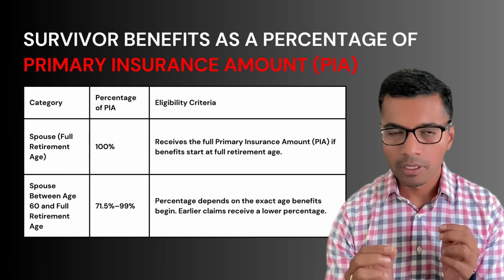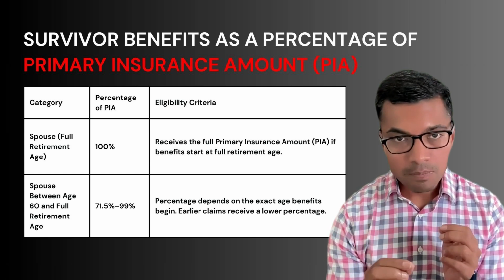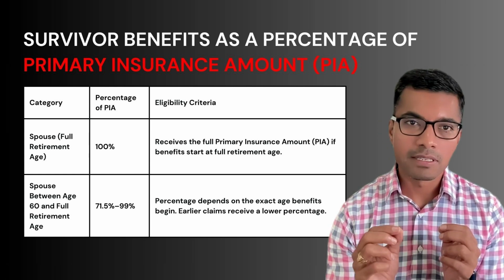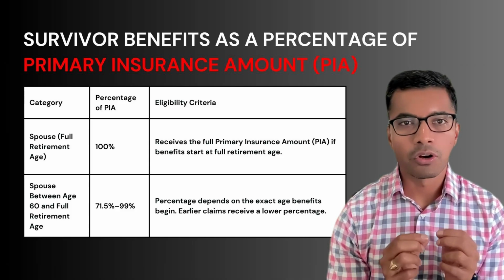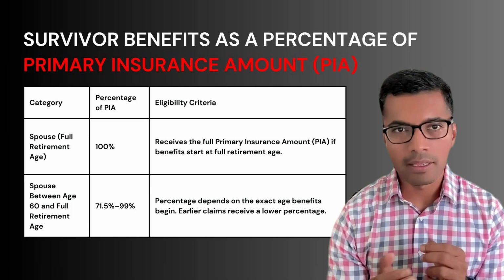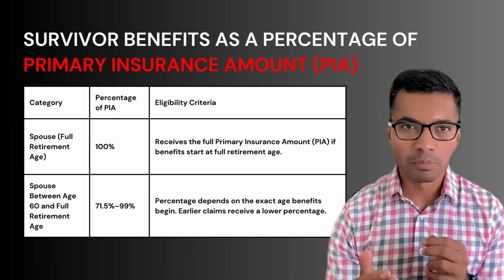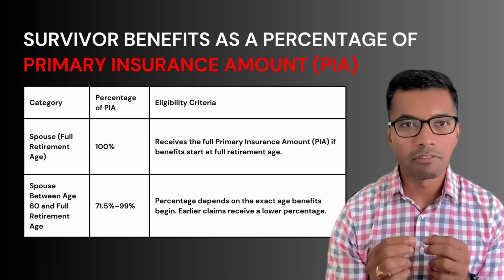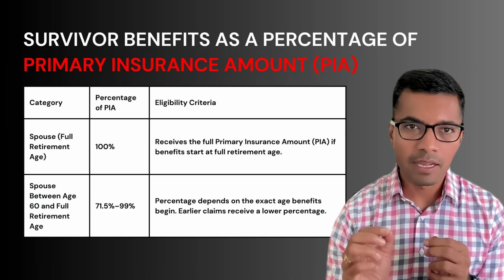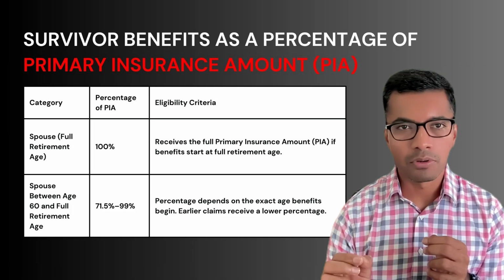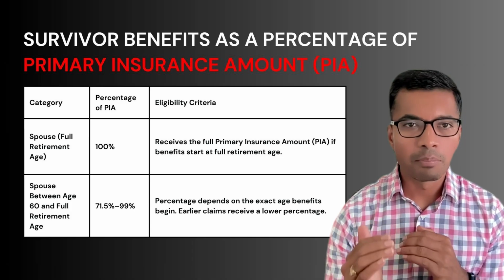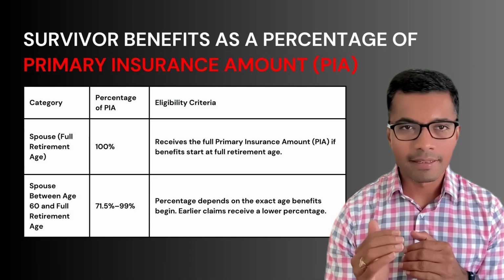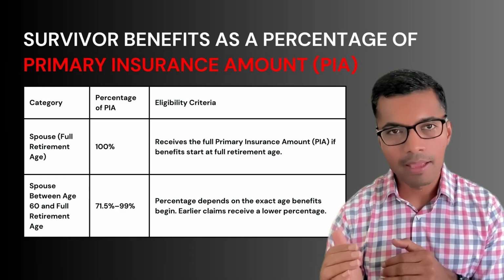Also, if the surviving spouse is receiving benefits before age 60 because they are caring for children below 16, then they would receive 75% of the PIA amount. So these are the amounts a surviving spouse can receive depending on when they apply and what benefits they are receiving.